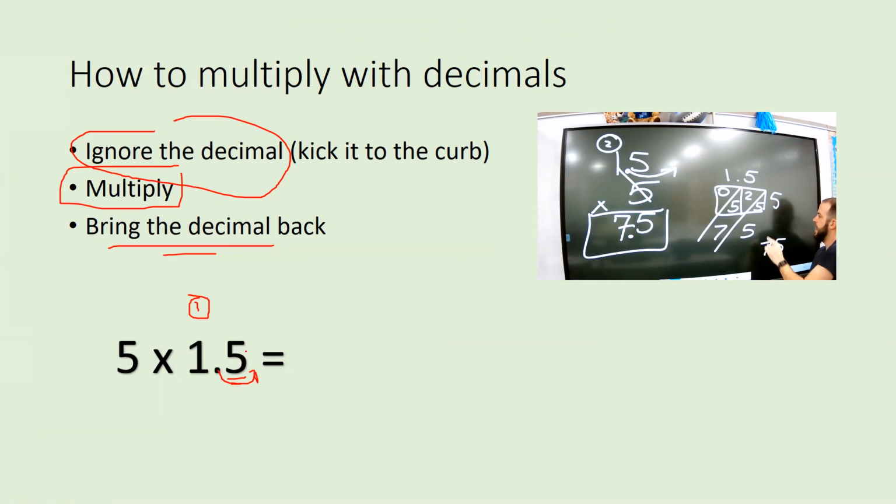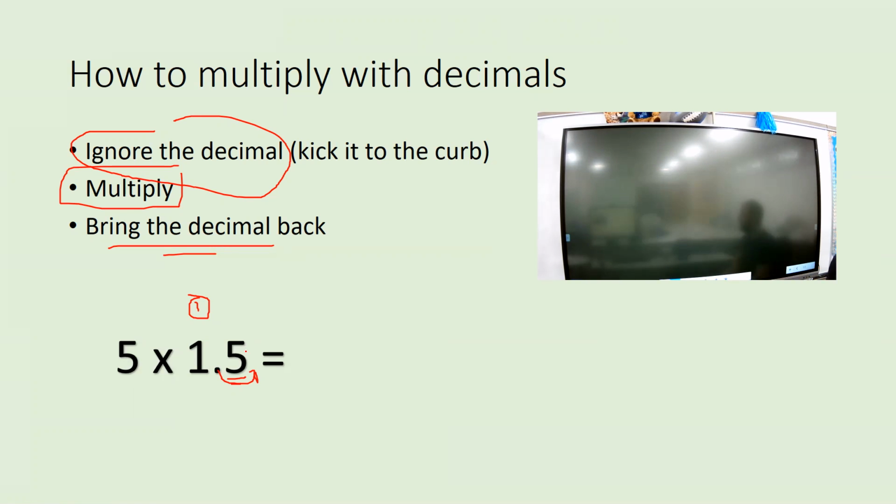Answer 75, and then bring back the decimal 1 spot. That answer is 7.5. And then the way you can make sure you put the decimal in the right spot is just kind of estimate. 1 and 5/10 is close to 2. 5 times 2 is 10. So 7.5 is close to 10. We're good there.